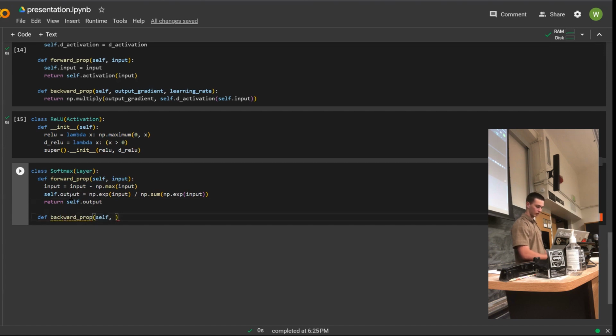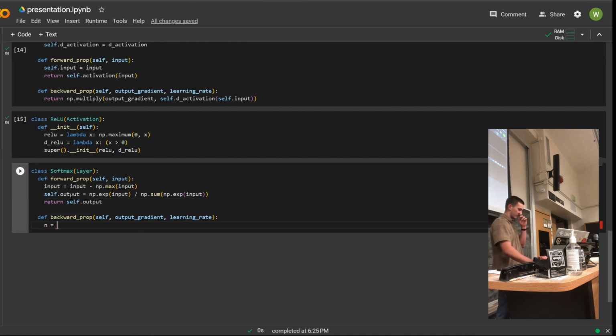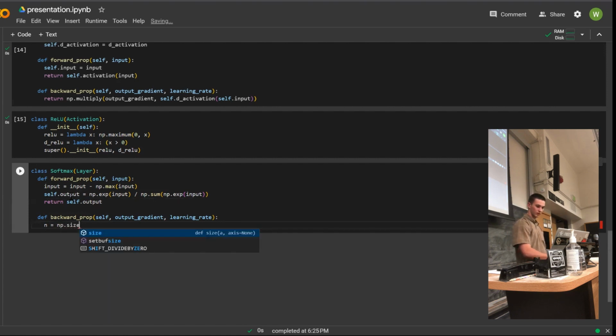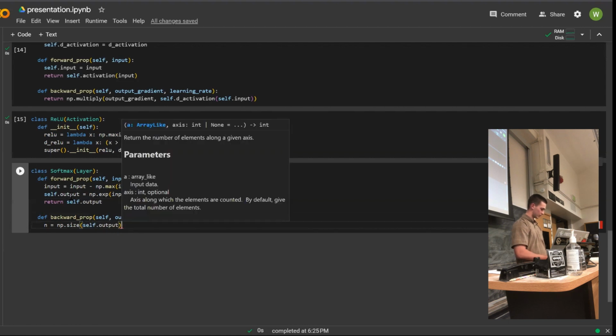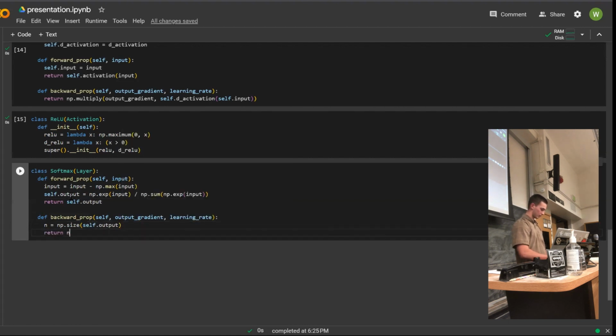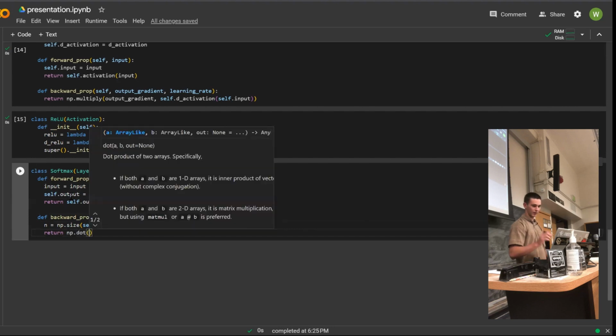And then our backward propagation. Remember, this was that funky equation with the Hadamard product of A times the identity minus A, where A is just the rows. The rows are just corresponding to each Y. So we're going to do this. And that was dotted with the output gradient.